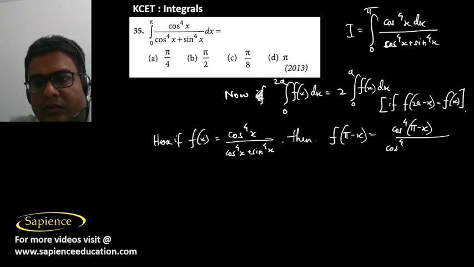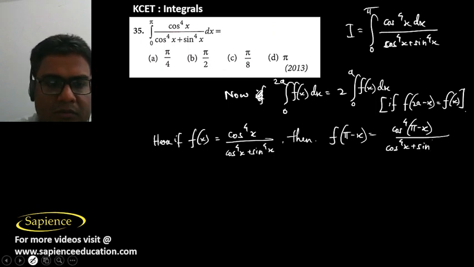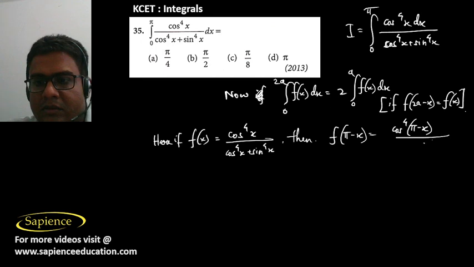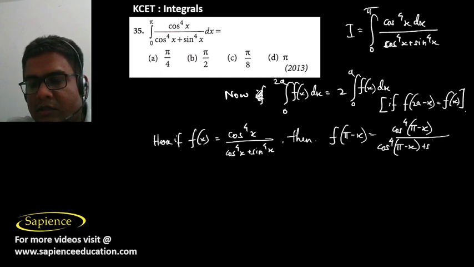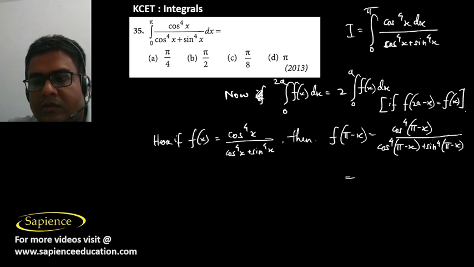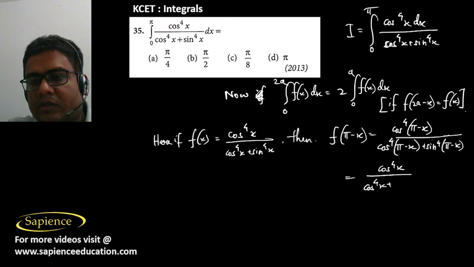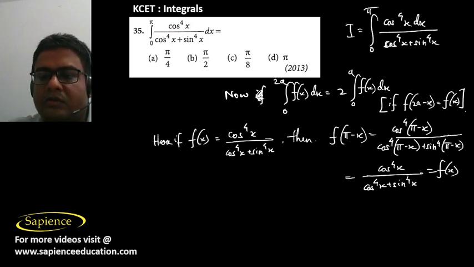This will be cos power 4x plus sine power 4x, so it is cos power 4x by cos power 4x plus sine power 4x, which is equal to f of x. So f of pi minus x is equal to f of x.